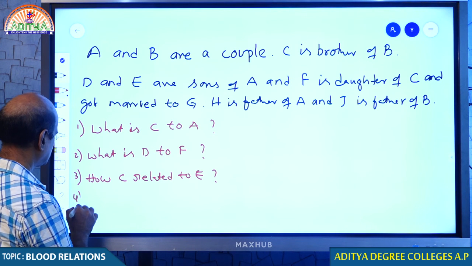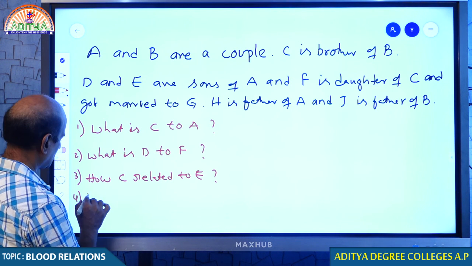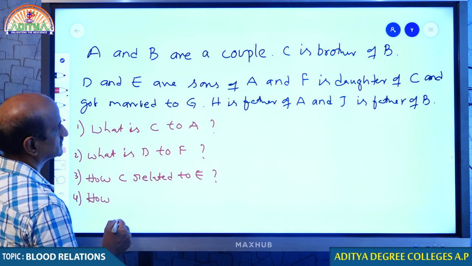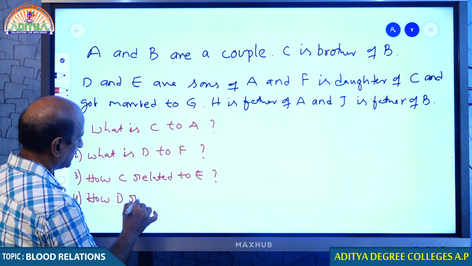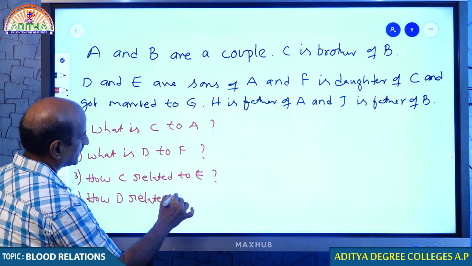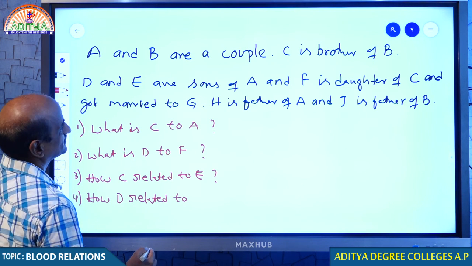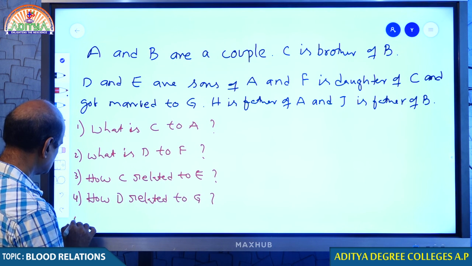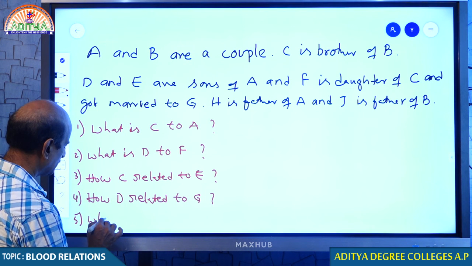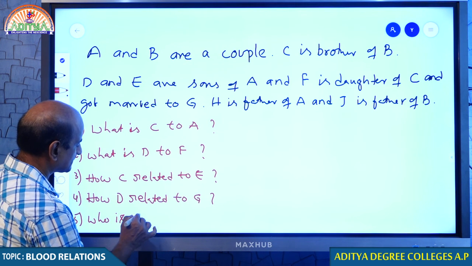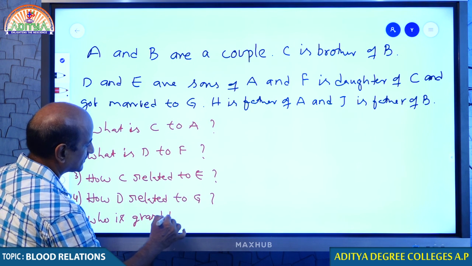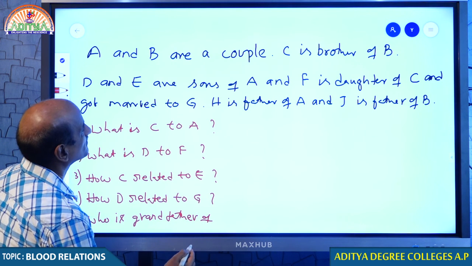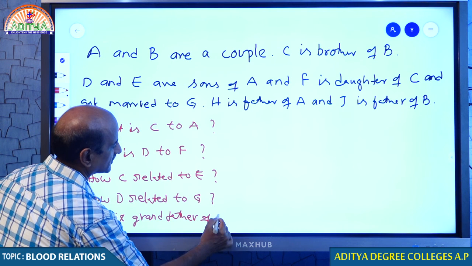Now, question number 4. How is D related to G? Okay. Now, question number 5. Who is grandfather of F?